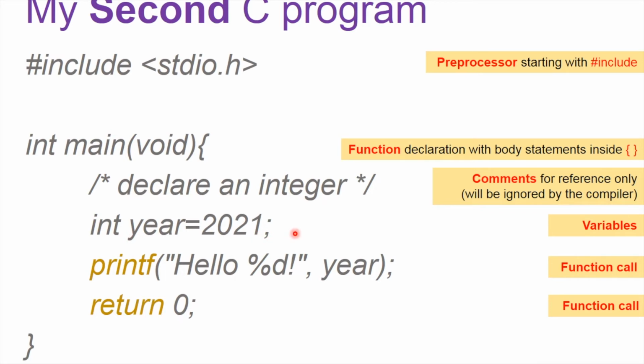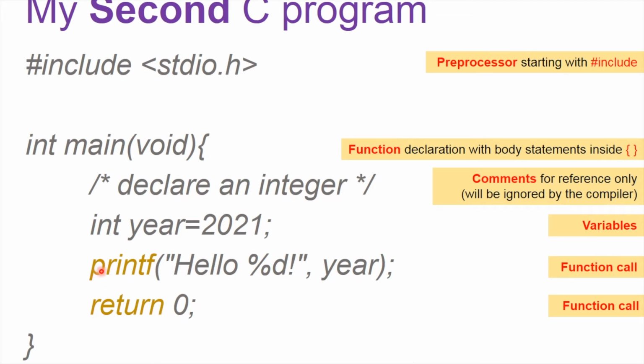And there, int year is a variable. Actually, it's for integers. I will explain later. These are just variables, which can be used for calculation. I will explain that through an example. And printf is indeed a function call.